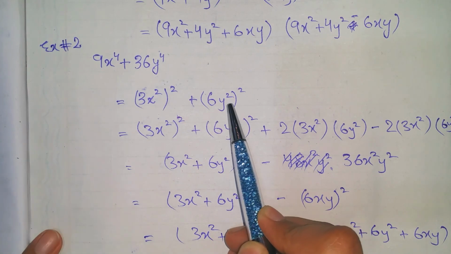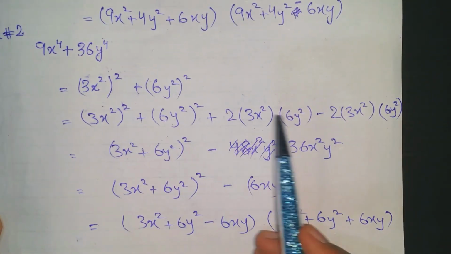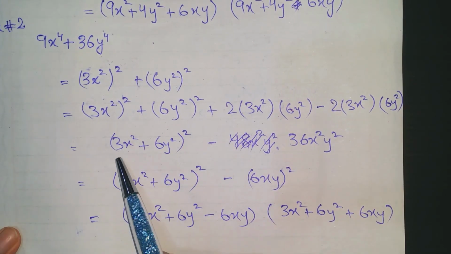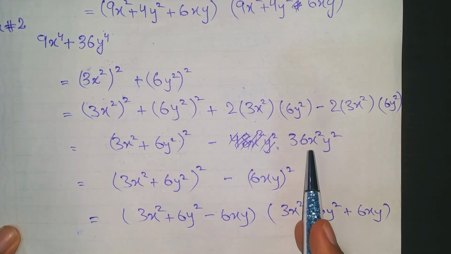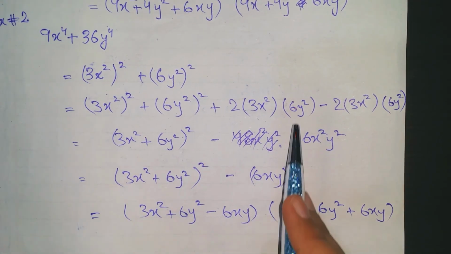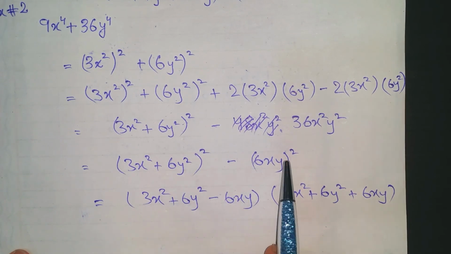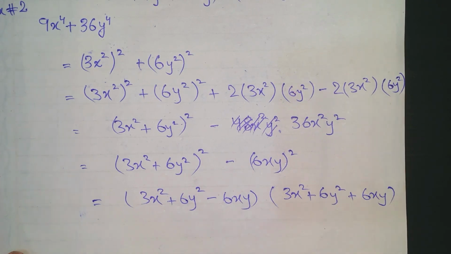We need to find the 2ab value, so we add and subtract 2ab in this equation, and this is the formula of (a plus b)^2, and this is the square of 6xy. At the end, this is also the formula of a^2 minus b^2 equals (a plus b)(a minus b).